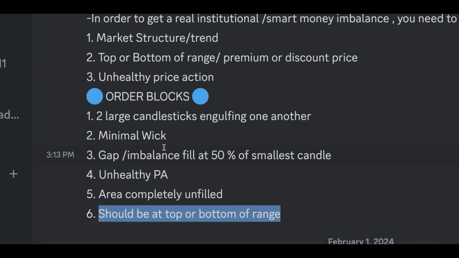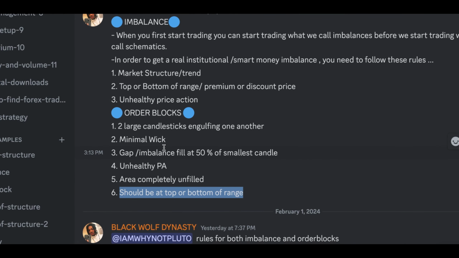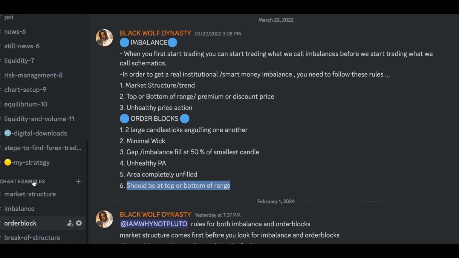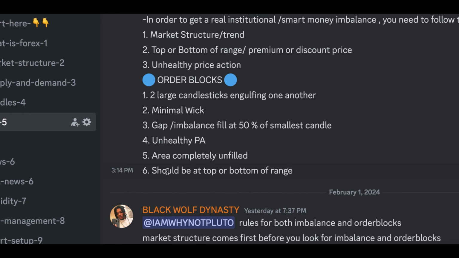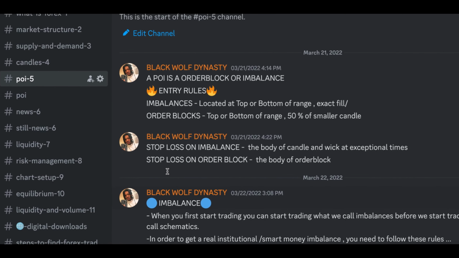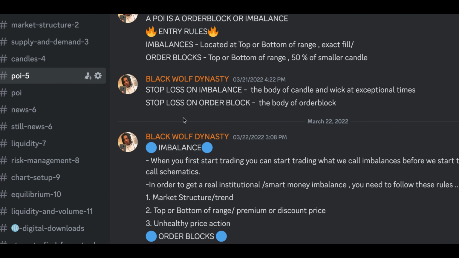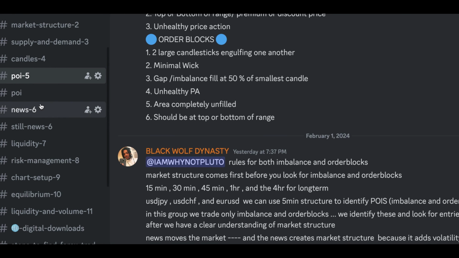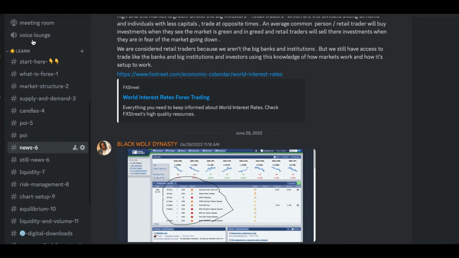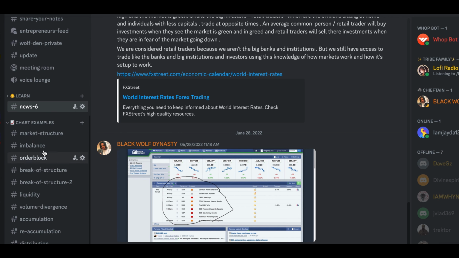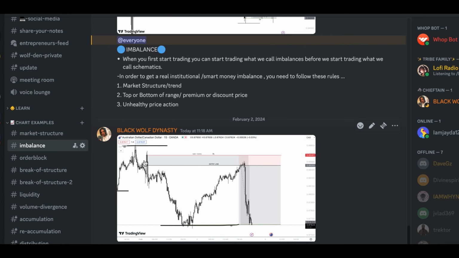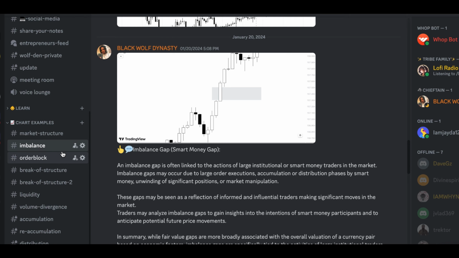If you want, you can go back in the group and come to the POI section in the Discord, POI and POI5, and it'll explain what imbalances and POIs are, entry rules, order blocks, all of that. You can also go to the chart example section, where you will notice a gallery of imbalances to take and order blocks to take.